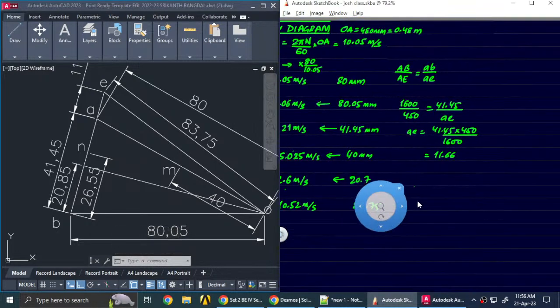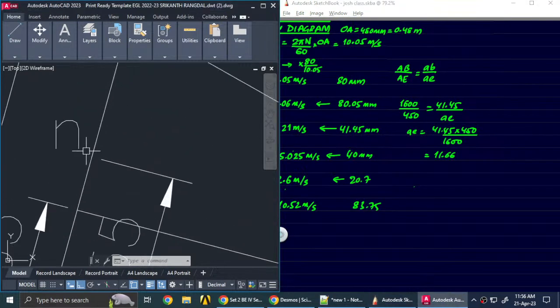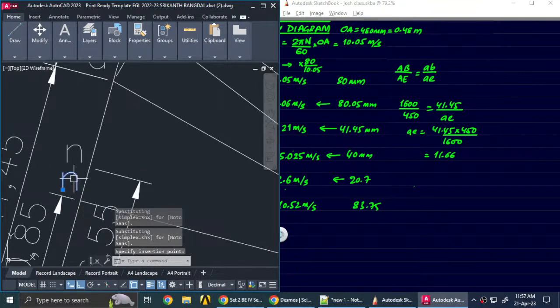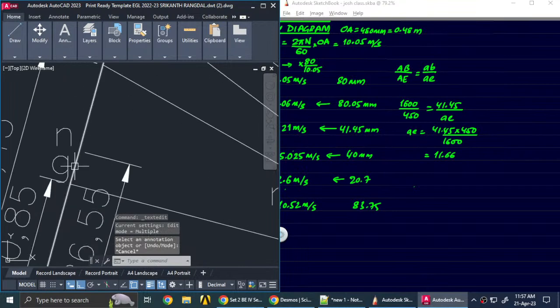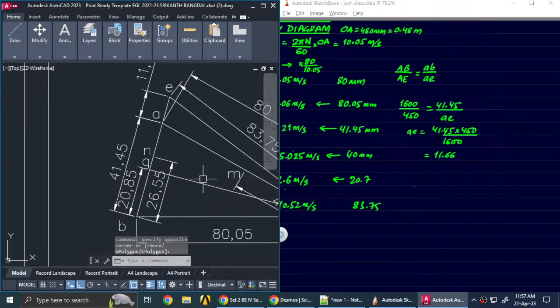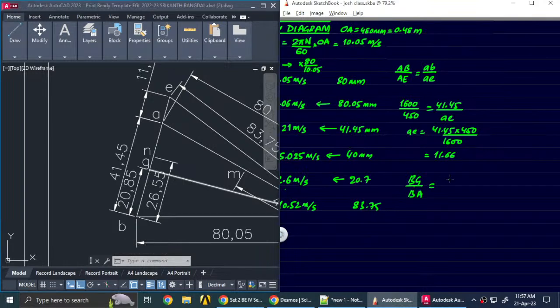That length we need to again convert. Let me call this point G, the point where the velocity is minimum. We have to find the capital BG length, and capital BA, we know, should be in the same ratio as small bg by small ba.